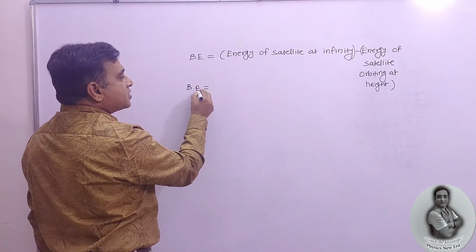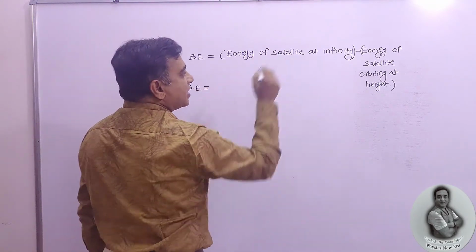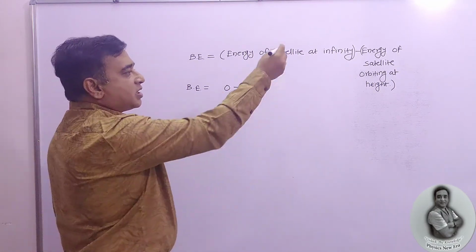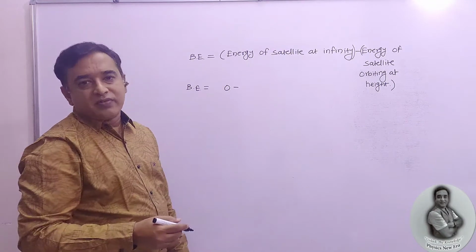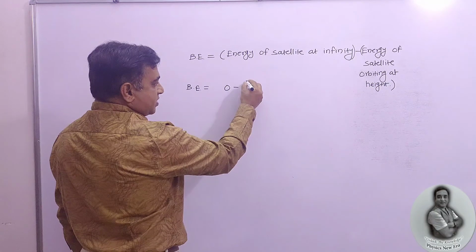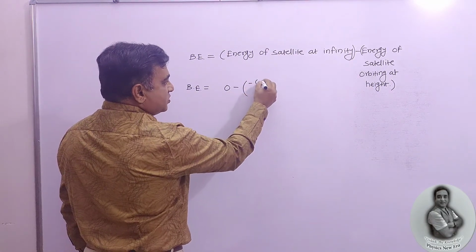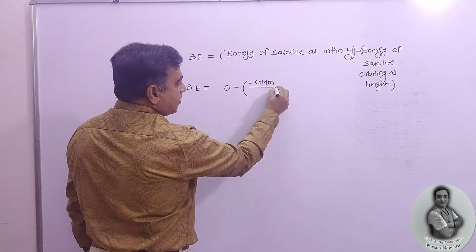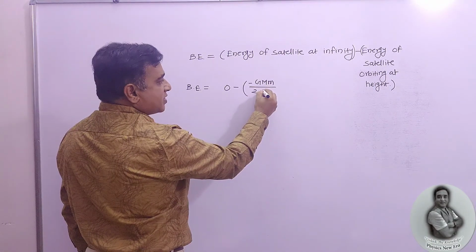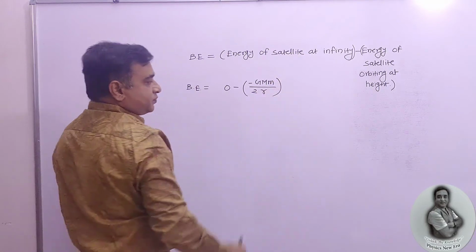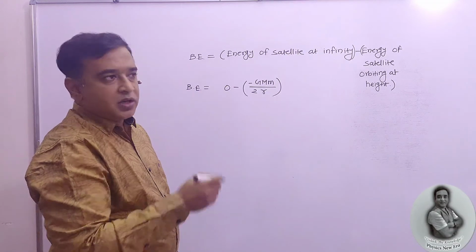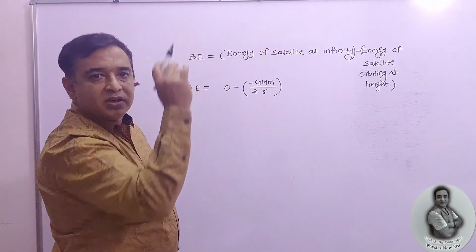We know that the energy of a satellite at infinity is 0. And what about the energy of a satellite which is revolving around the earth in a particular orbit? It is given by minus GM upon 2r, where r is the orbit distance from the center to the satellite.